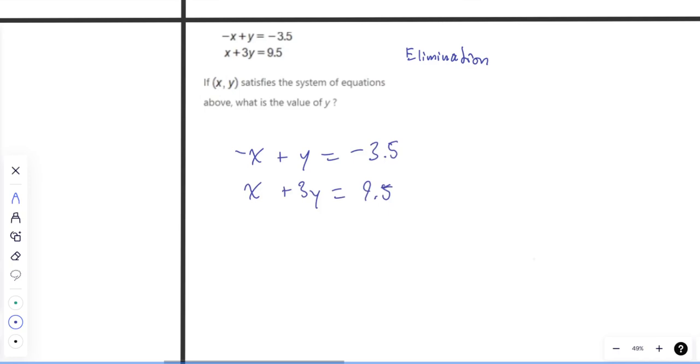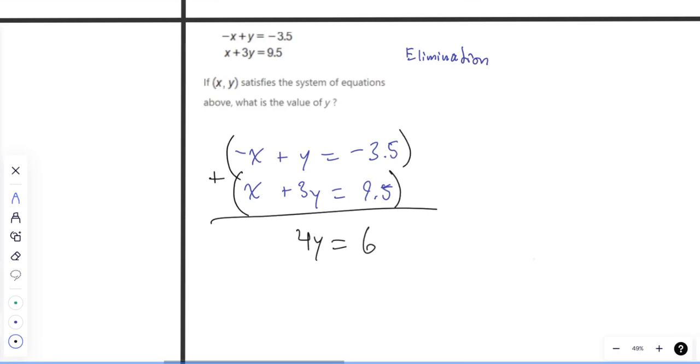You could do substitution, where you solve for one of the variables and then substitute that into the other equation. What I want to do is just add both of these equations, because when I add these parts, negative x cancels with x, y plus 3y is equal to 4y, and then 9.5 minus 3.5 is equal to 6.